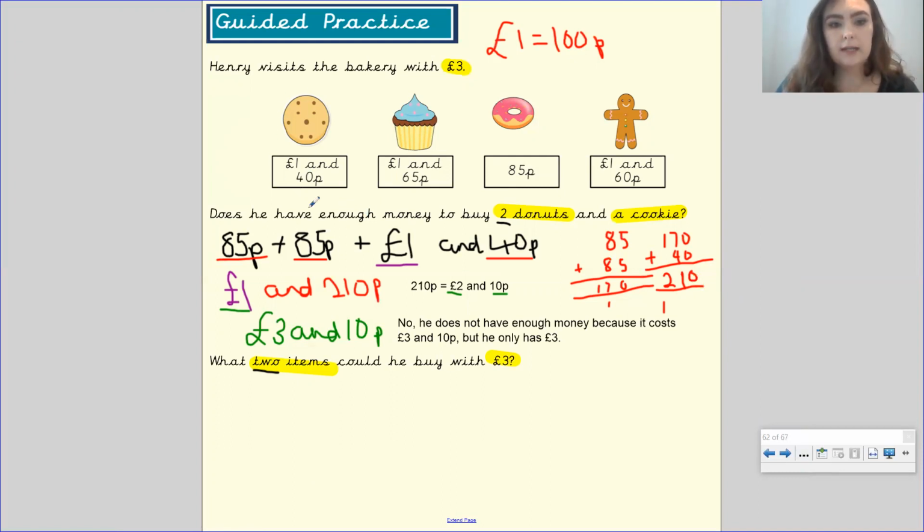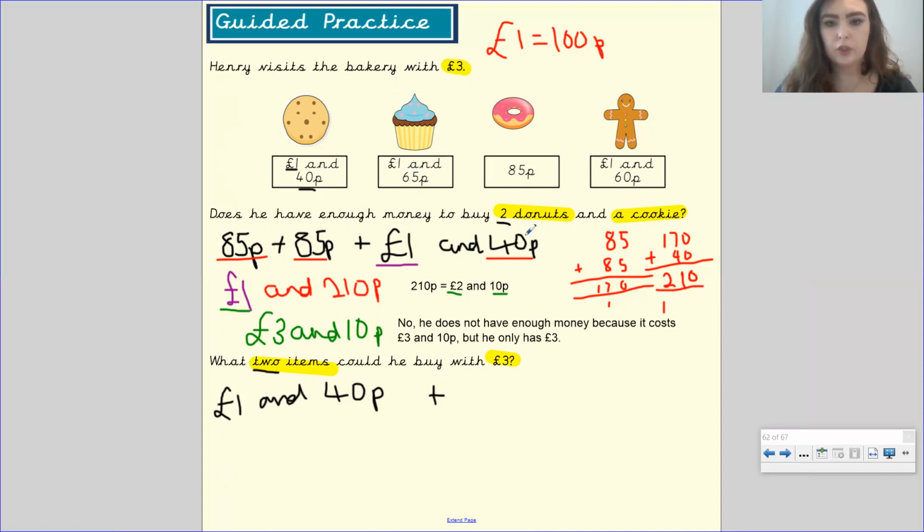Now we're going to try, let's have a look at the cookie. He's got £1 and 40 pence for the cookie here. And then we need to add it to another one here. Which one could we add to this?